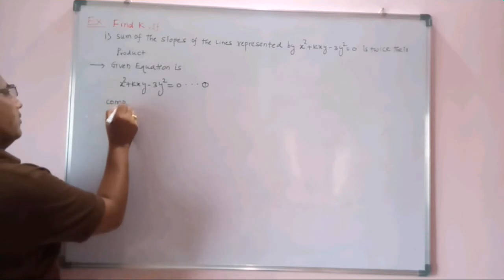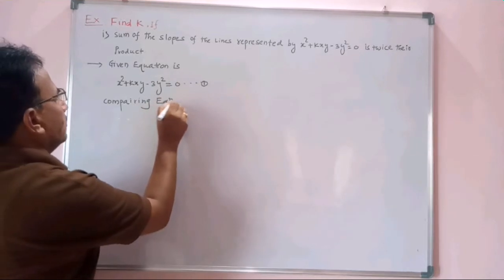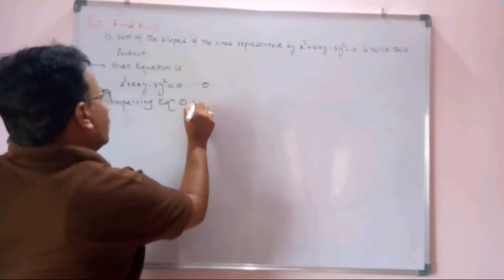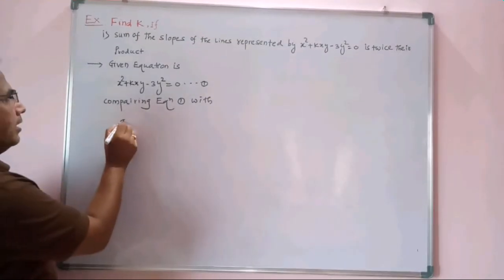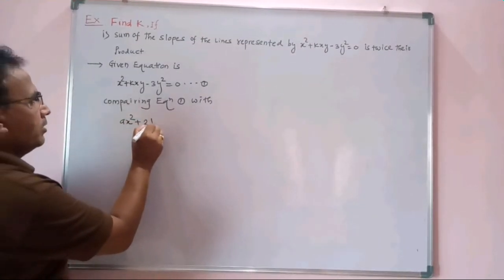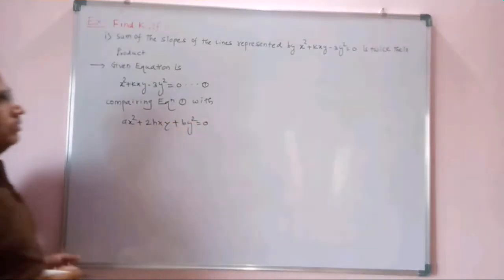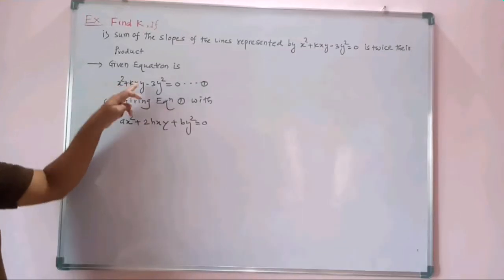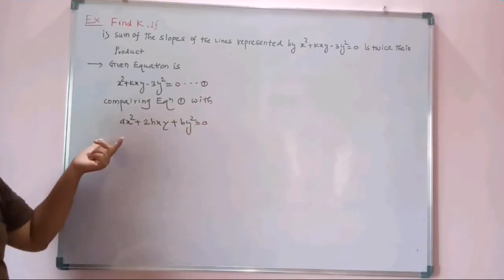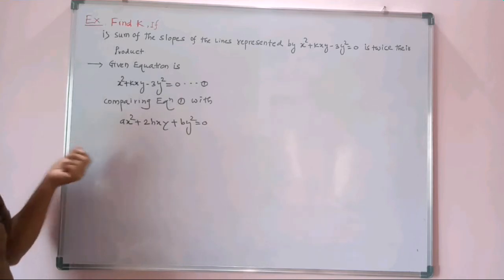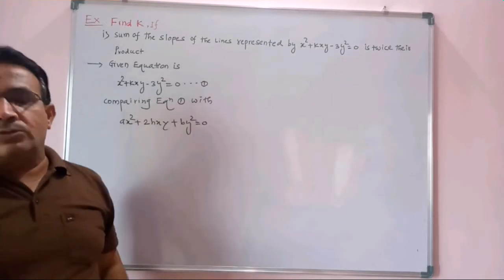Comparing equation first with the homogeneous second degree equation in x and y, ax square plus 2hxy plus by square equal to 0.